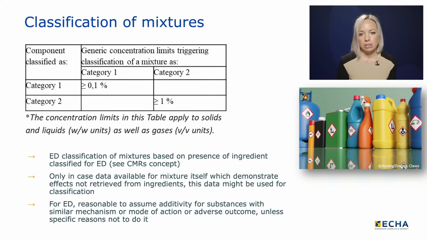And data on the mixture can be used only if it results in a more severe classification than the ingredient-based approach. And I also wanted to mention that additivity applies for endocrine disruptors when there is, for instance, similar mechanism, mode of action, or adverse outcome.